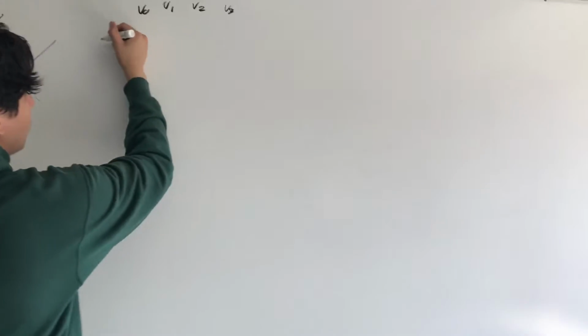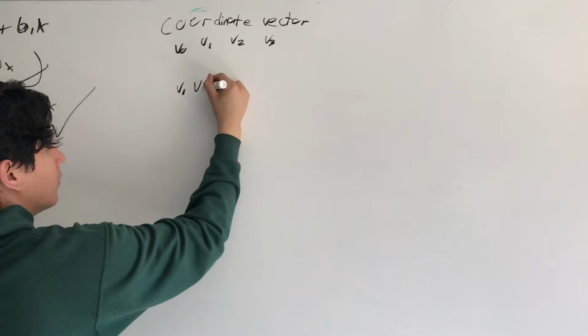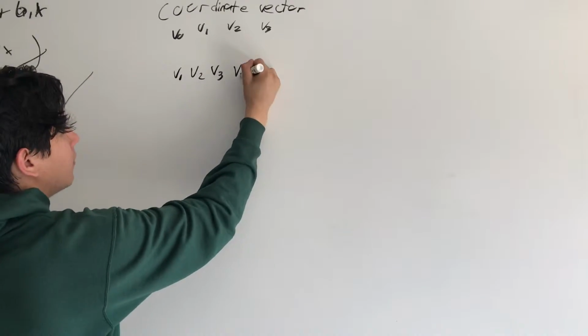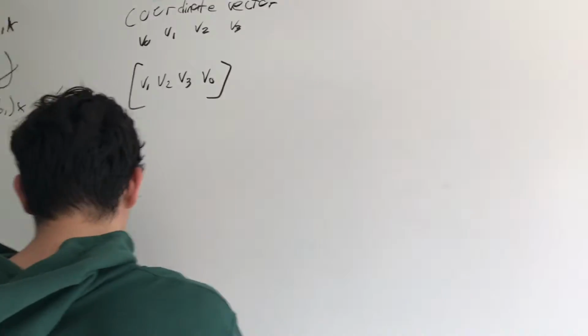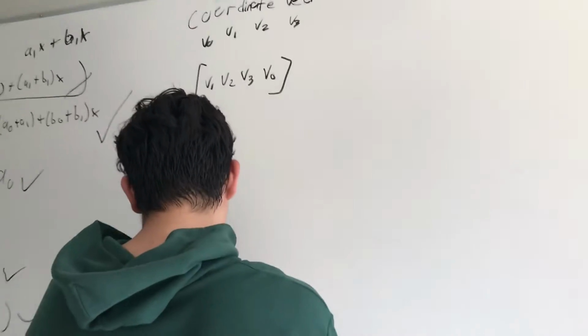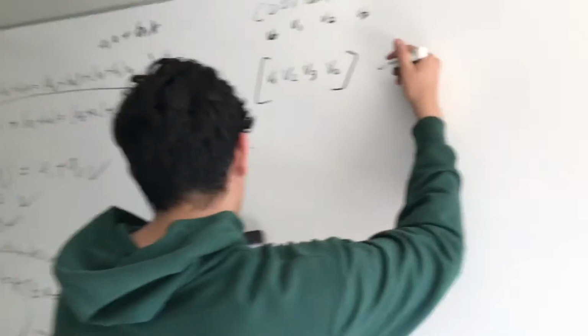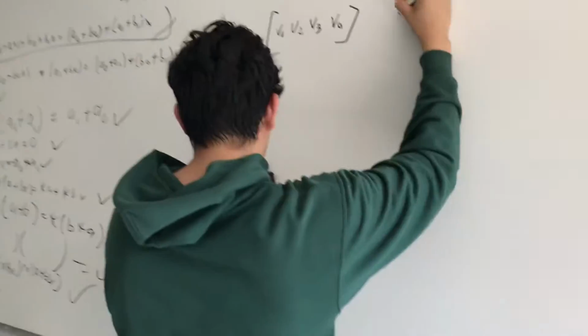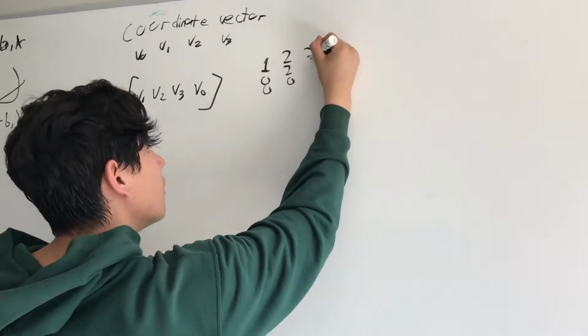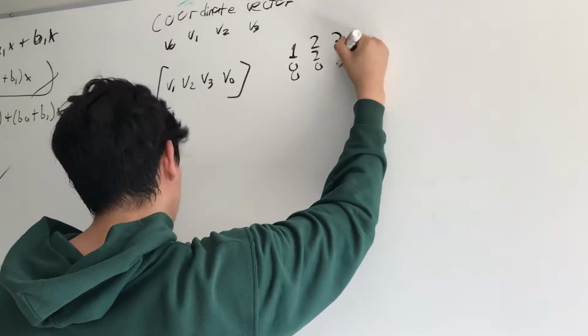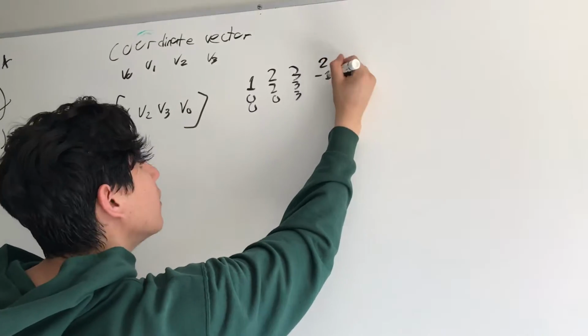So in this case we have to put B1, B2, B3, and B0 as a matrix. So in this case, the first matrix we will have will be 1, 0, 0, 2, 2, 0, 3, 3, 3, 2, minus 1, 3.